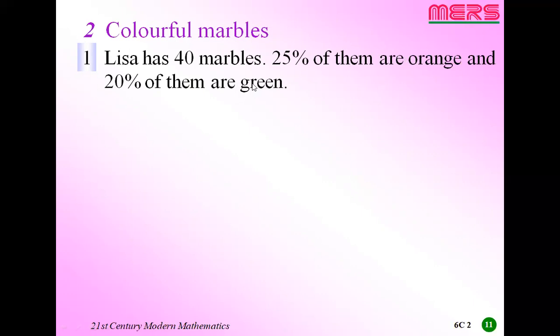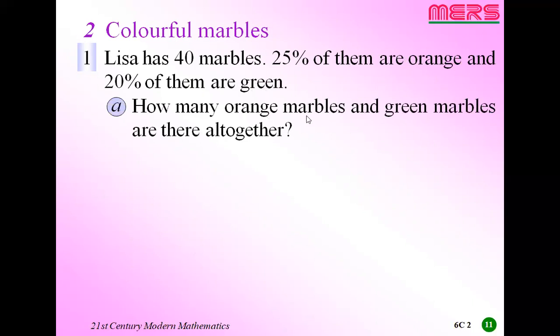Before, we learned this by doing it separately. But this time, the question is asking us the number of orange marbles and green marbles all together. So how can we find it in one formula rather than dividing them into two parts like what we did before?